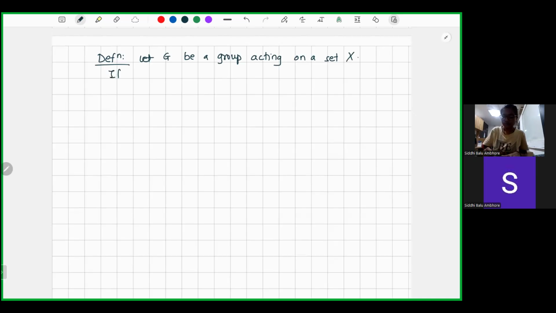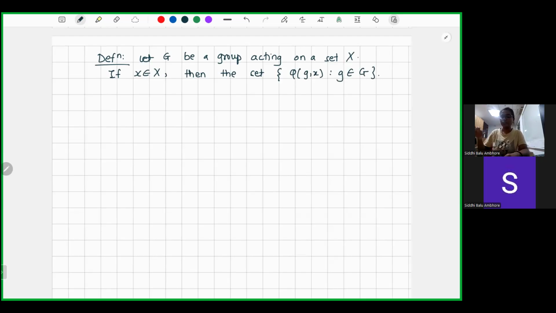And if x is some point in X, then the set Gx, where Gx is G acting on x, or let us write phi(g, x) such that g belongs to G, is the collection of all the phi(g, x) such that g is in G.